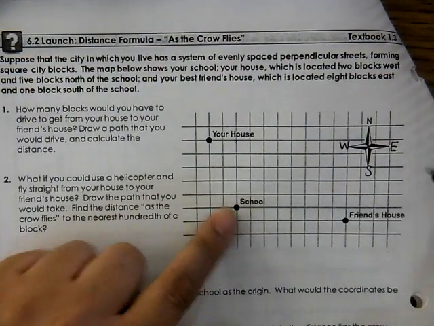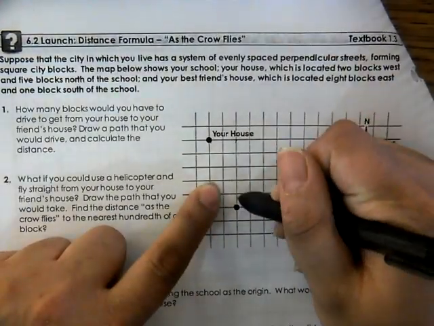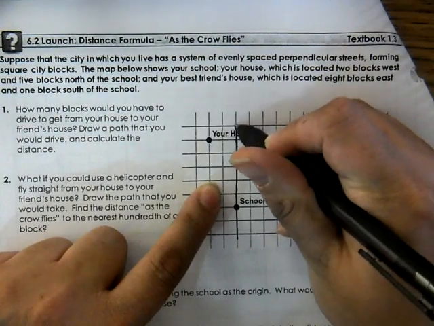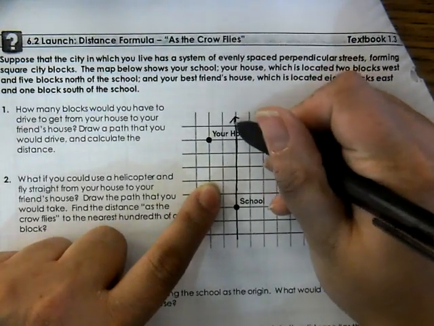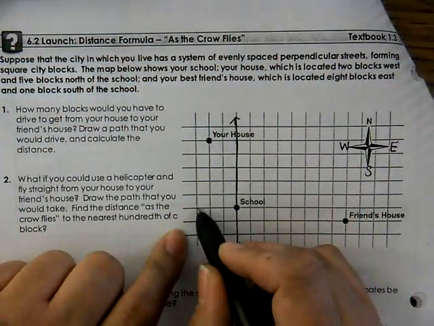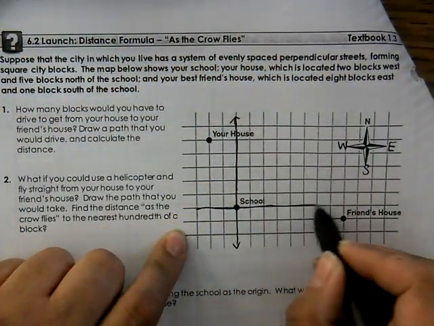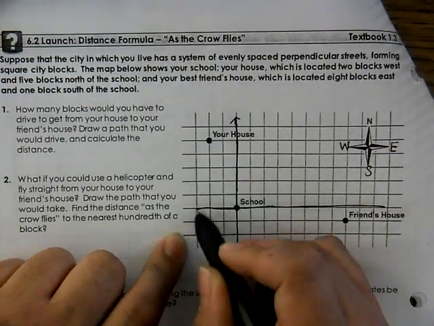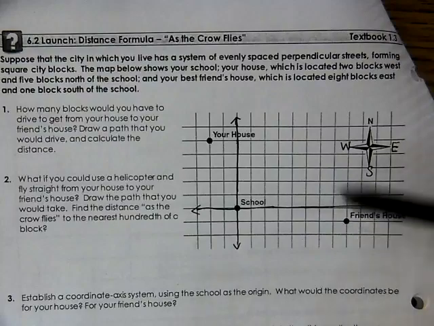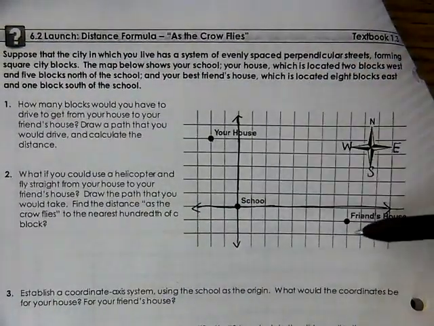So what's happening here is that school is like your origin. So if we were to make your y-axis, this is our y-axis here, and then you make your x-axis this way so that you're creating school to be the origin. Now you can even name where your house and your friend's house are.